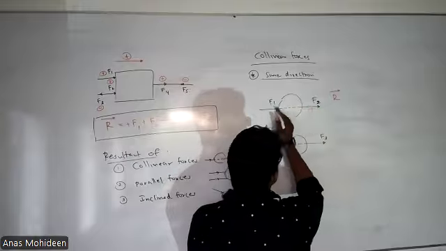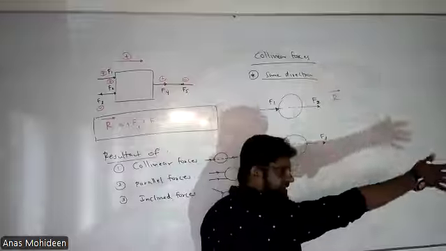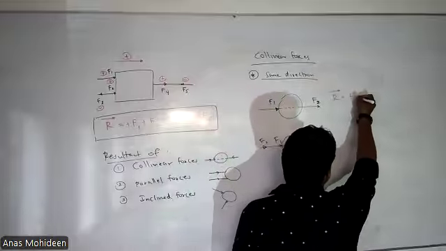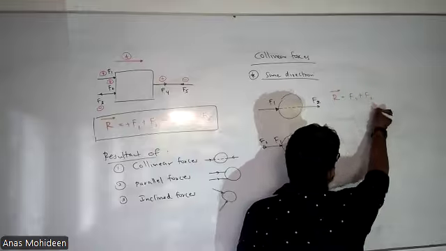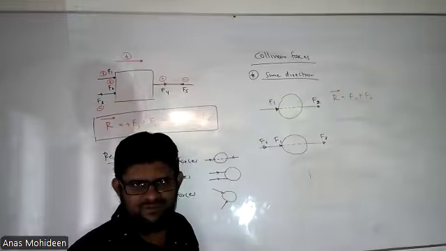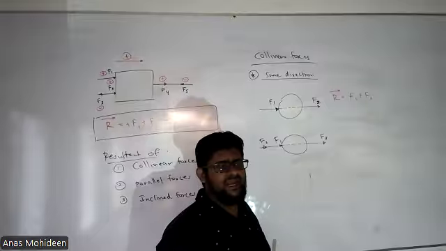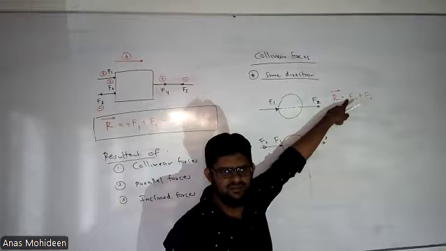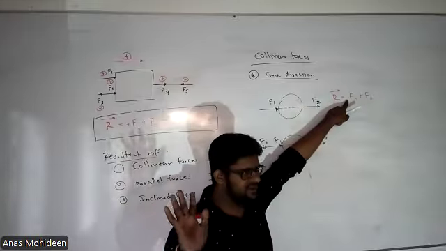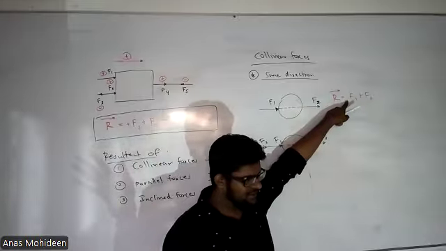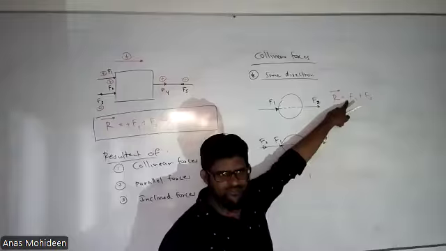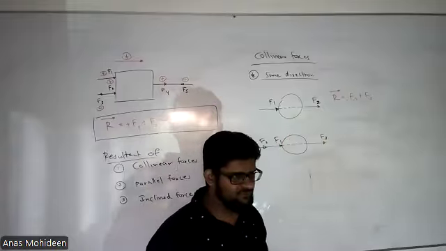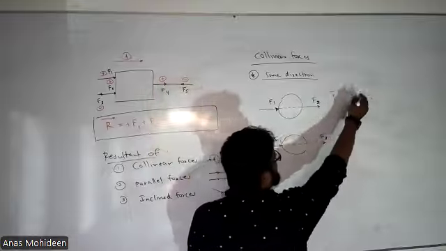Now F1, F2, both of them are in the same direction, and that is the considered direction. So how do I take that? F1 plus F2, very simple. Should I mark plus here? Not a must. If you write it, fine, that's not wrong. But practically, as I told you earlier, when we write numbers, we don't usually write plus at the beginning. In between we have. So it's F1 plus F2.